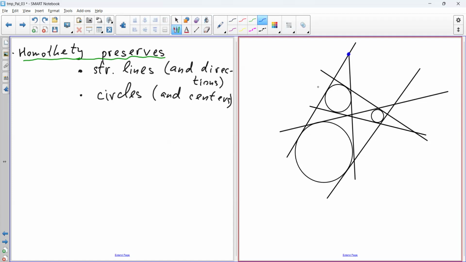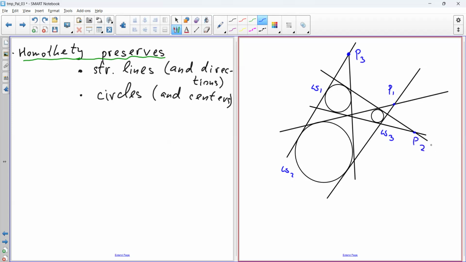So let this be omega 1, this omega 2, this omega 3. We have the intersection of the external tangent lines to these two being point 3, for example. For circles 2 and 3 it would be point 1, and for circles 1 and 3 that would be point 2.